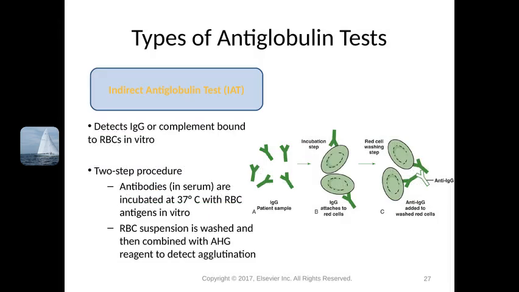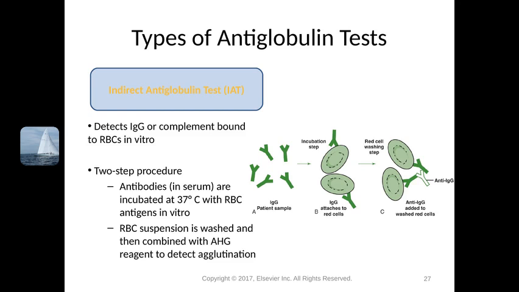The indirect antiglobulin test basically looks for IgG or complement in vitro. So we're making this happen in the tube. This is our typical antibody screen or our antibody panel. That's the indirect antiglobulin test. We take the reagent red cells, and we'll first do an antibody screen. So reagent cell 1, reagent cell 2, reagent cell 3 in 3 separate tubes or 3 separate gel wells.